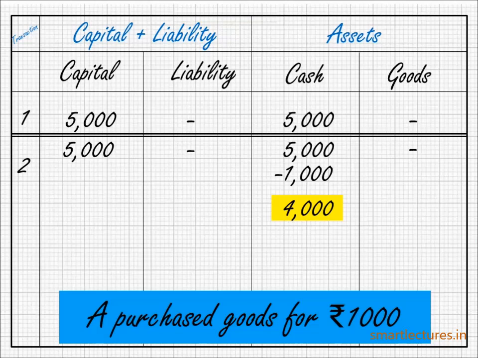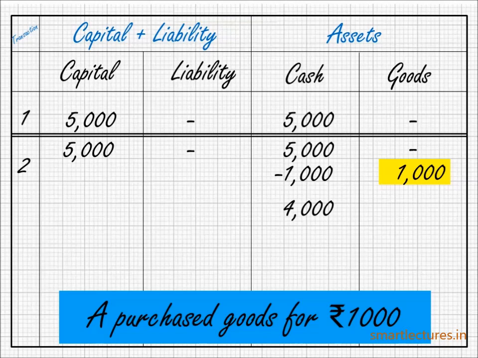And in the goods column, please write down plus 1,000 because previously, before this transaction, there were no goods in the firm. But now the firm has got rupees 1,000 as goods. So there will be no effect on capital. There will be no effect on liability if you buy the goods.